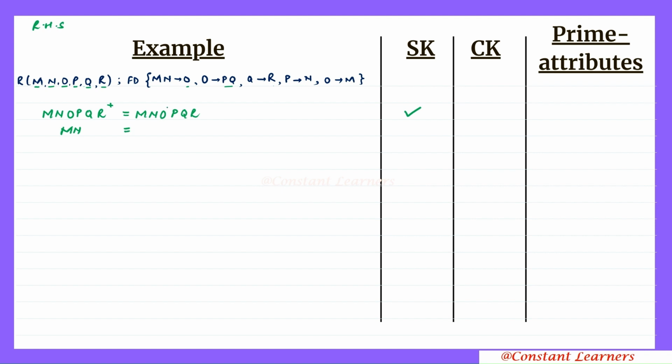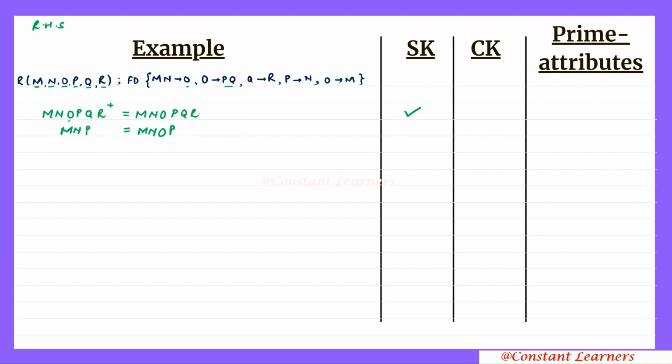Let's start with MN. MN will determine itself, right? And MN will also determine O, right? So now we don't need O here because O has already been determined, right? Then we need P because O determines P and Q. There's no other attribute that can determine P. So we will write P here and P will determine itself.